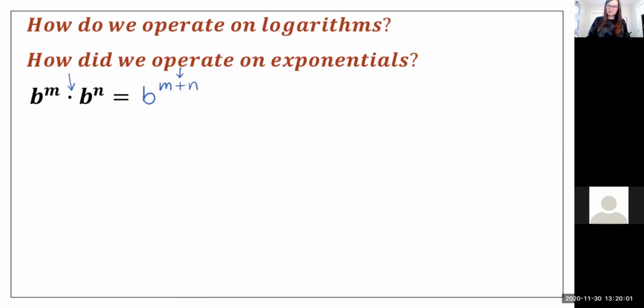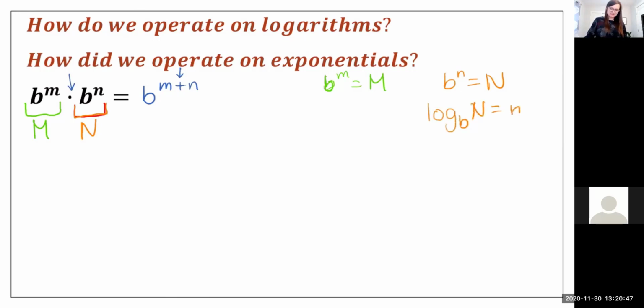So I'm going to call this part big M. So b to the little m is equal to big M. Let's say that's N. So b to the little n is big N. And if I know that orange one, b to the n is N, then I can reverse that and say that log base b of big N is little n, right?